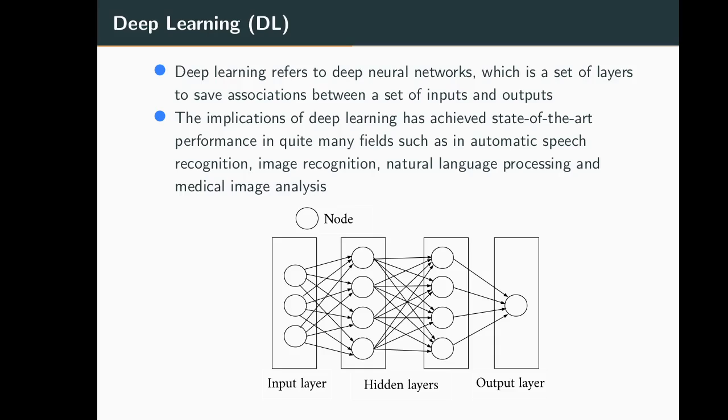A deep learning algorithm is a set of interlinked layers that form what are called neural networks. The first layer is called the input layer, the last layer the output layer, and the layers between them are called hidden layers. Layers are composed of nodes that use tunable parameters, weights and bias.